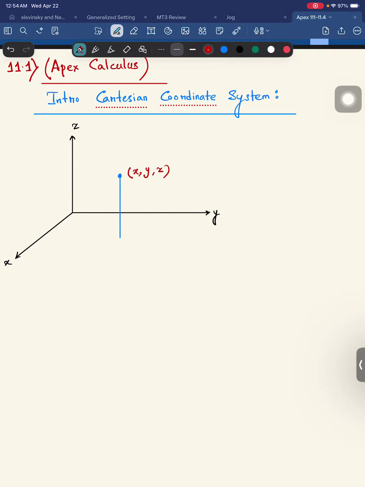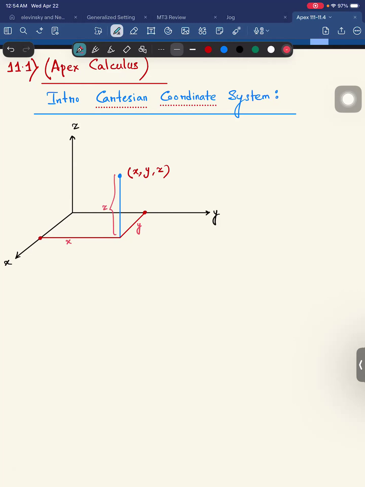So you're going to find out precisely how far this point is from the x-axis, how far it is from the y-axis, and how high this point is from the xy plane. Namely, this is x, this length is y, and this length is z.